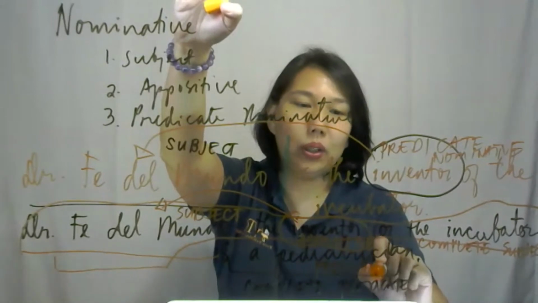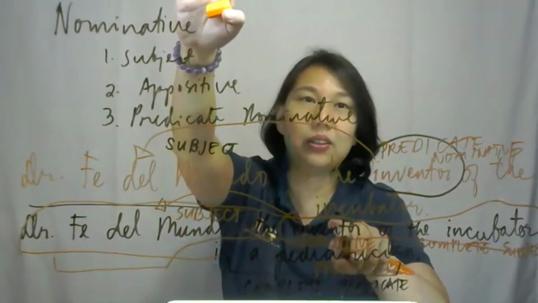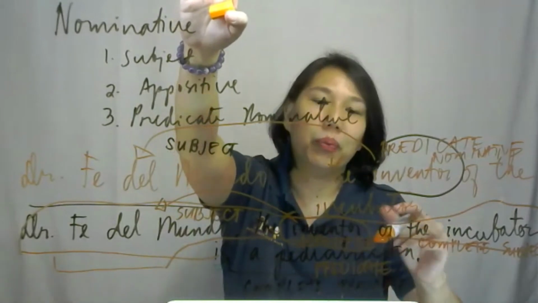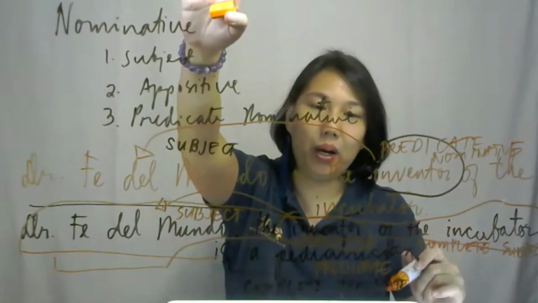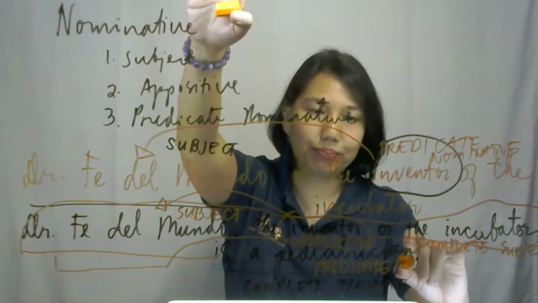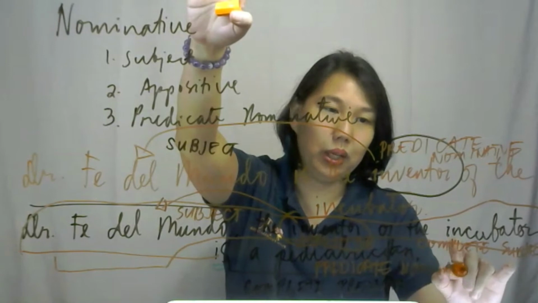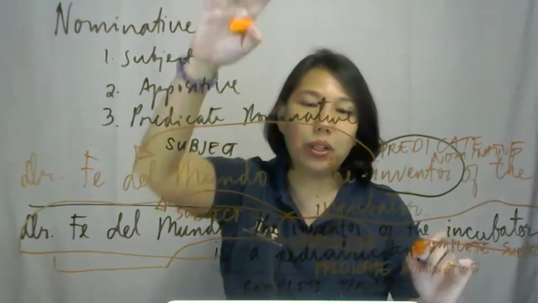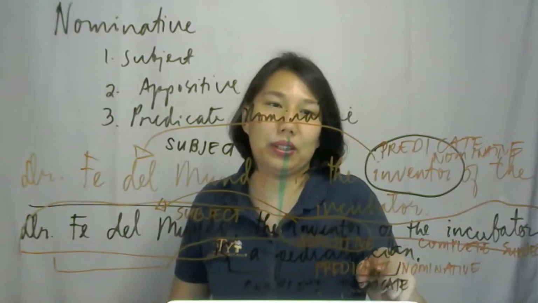Why? Because it renames the subject. So if it renames the subject, it's also the same as the appositive, because the appositive is also the appositive to the subject.